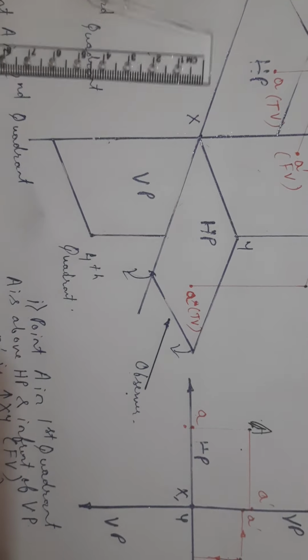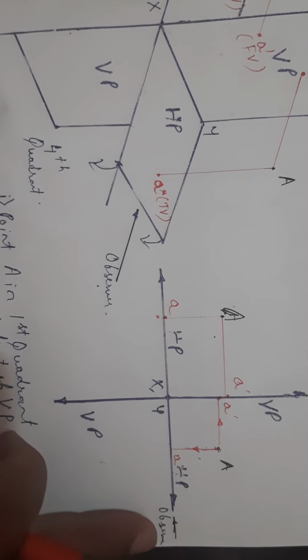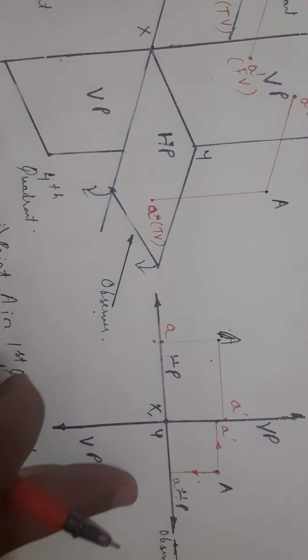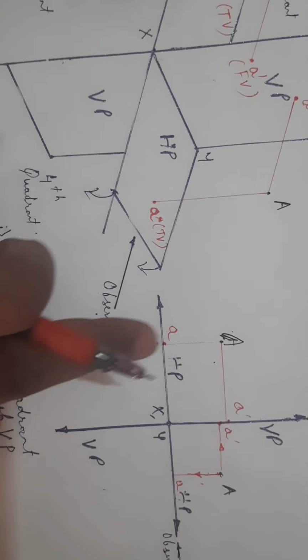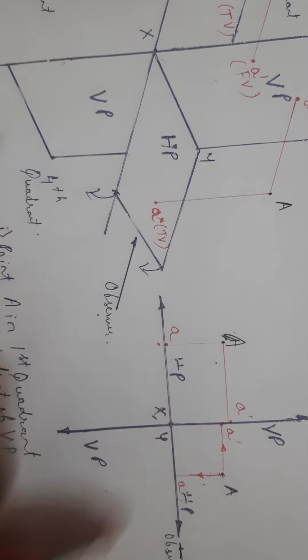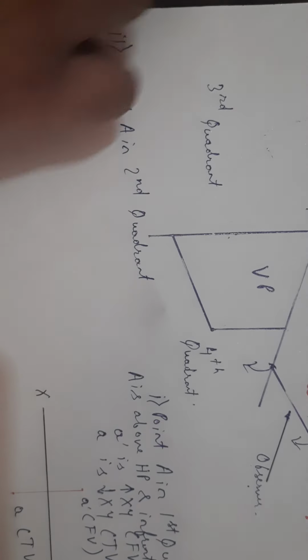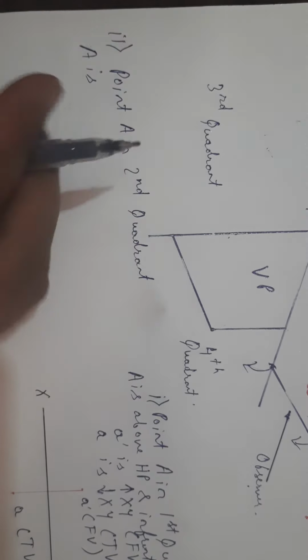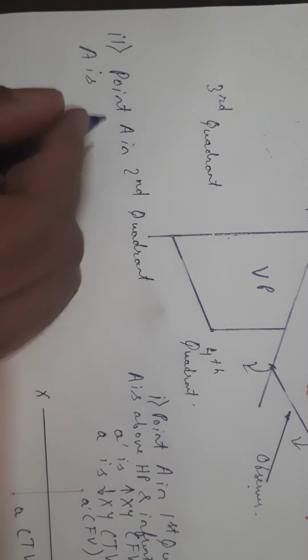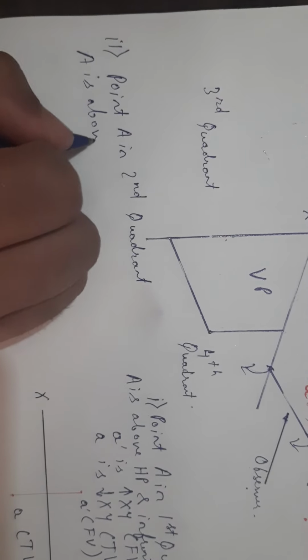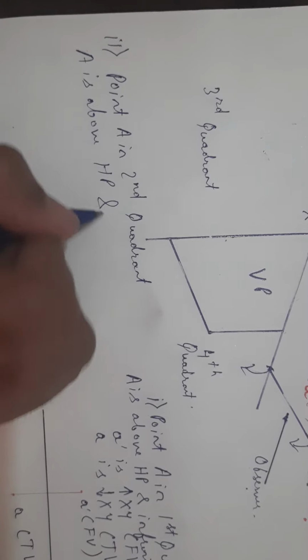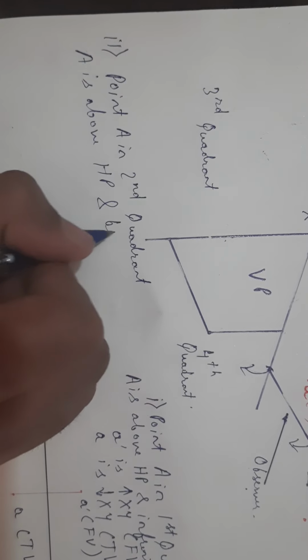So how do I write the statement with respect to the observer? Clearly, A is above HP and behind VP.